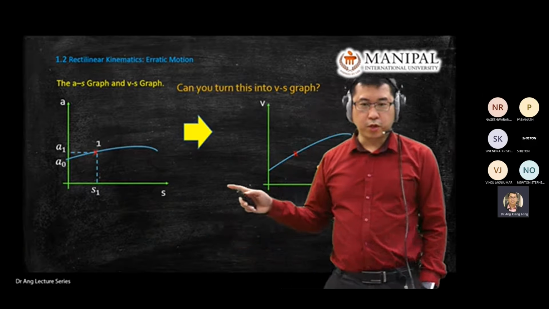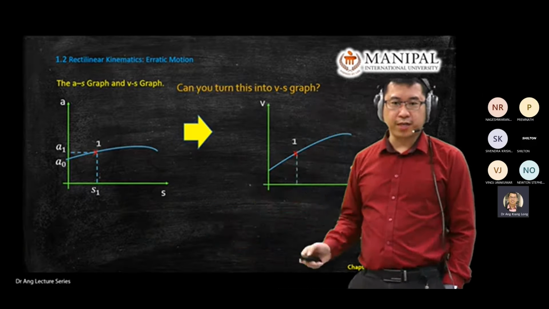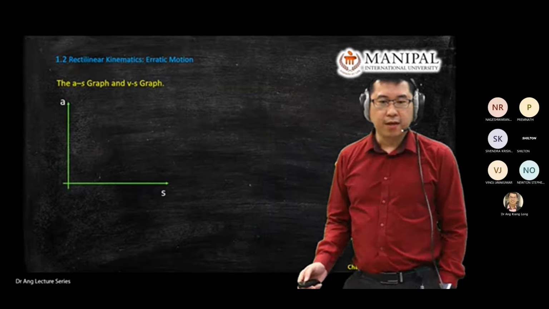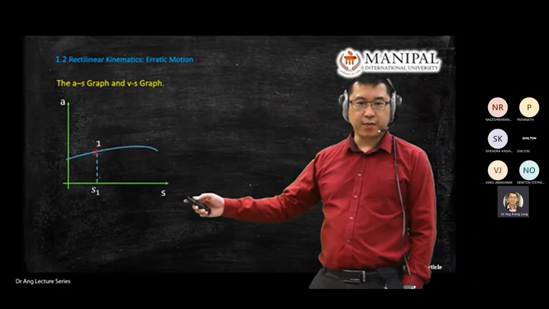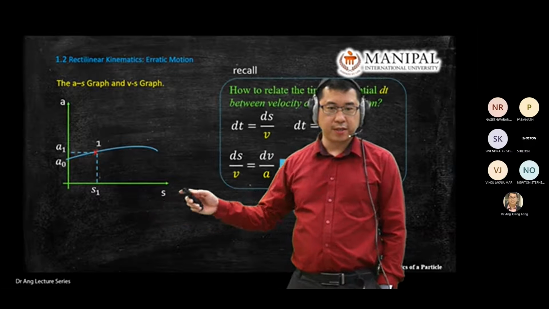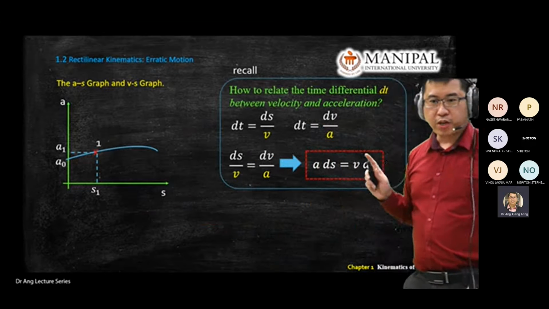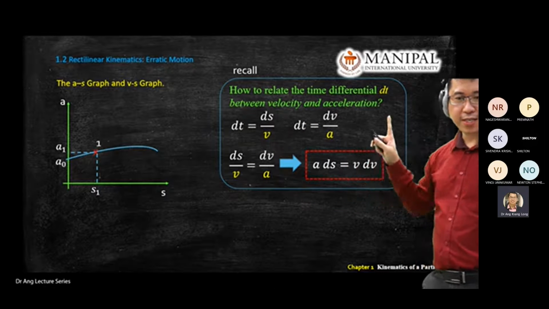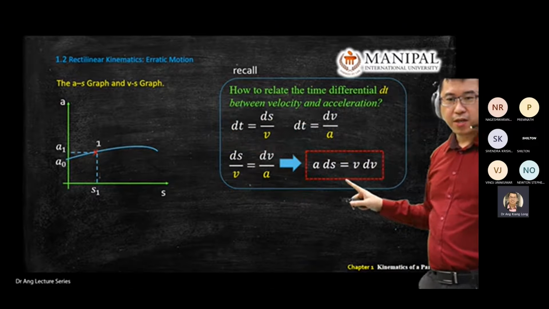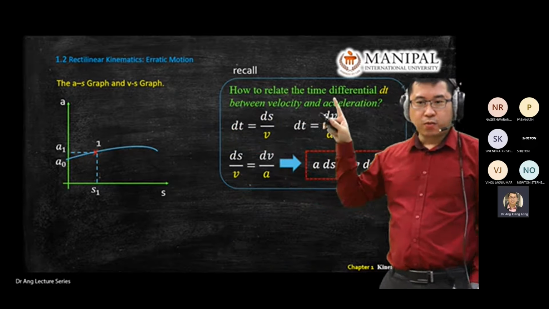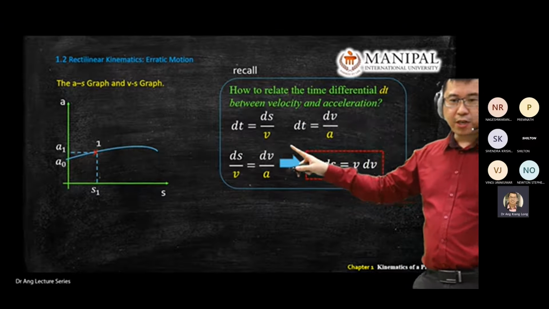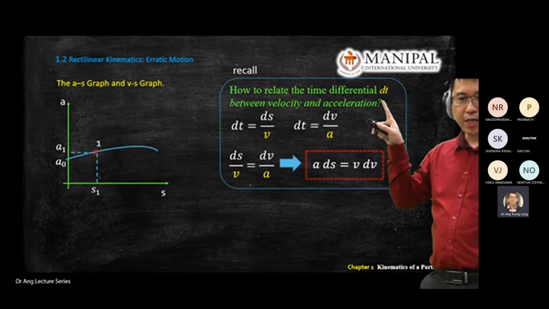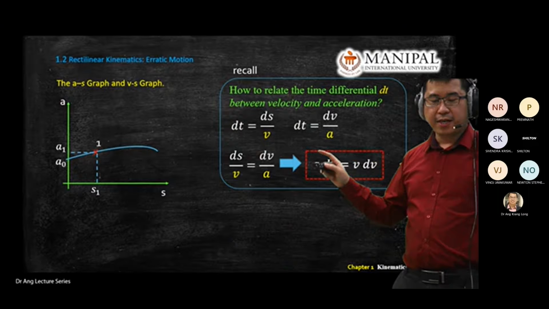Now we're going to see how you turn this one to this one. The process, we start with one equation. Recall there's a portion in our PowerPoint slides where we relate the velocity and acceleration with time.